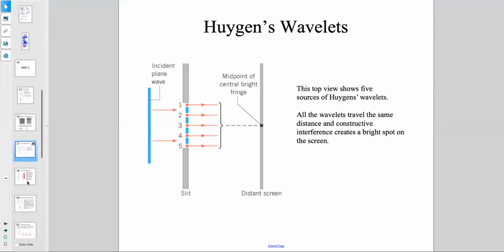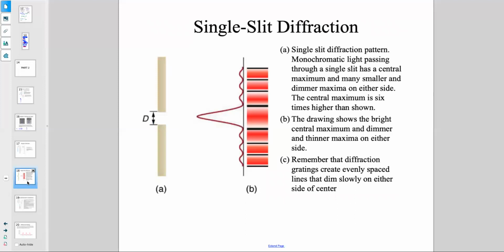So this is how it would look. We have a single slit, or a doorway for the light to go through. Then we'll have a huge pattern at the center. We have a huge bright spot, but then we have smaller, darker spots to either side, either top or bottom, or left to right, whichever way you want to look at it.